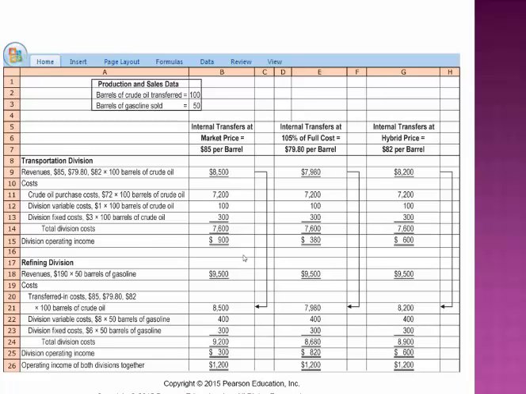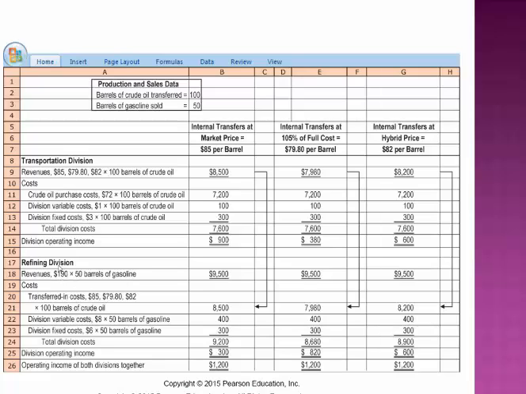The refining division refines the crude oil and turns it into gasoline. Again, it takes 2 barrels of crude oil to make 1 barrel of gasoline. So if we take this 100 and divide it by 2, we're only going to make 50 barrels of gasoline.